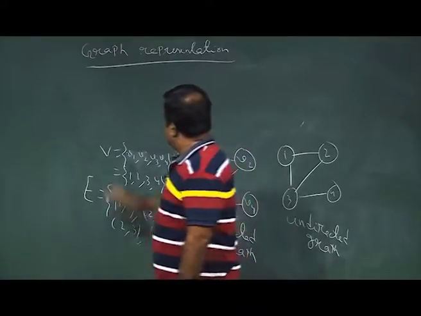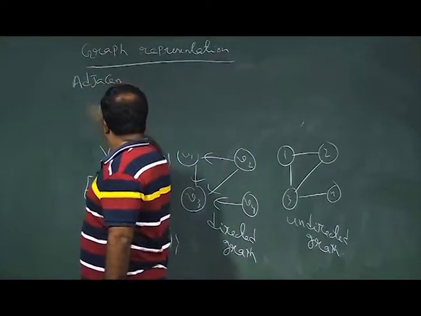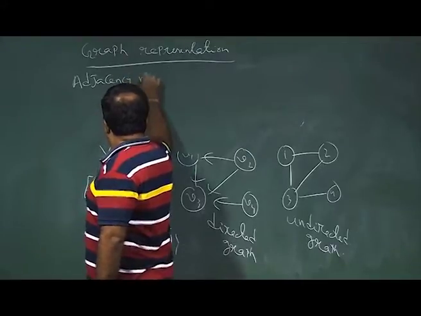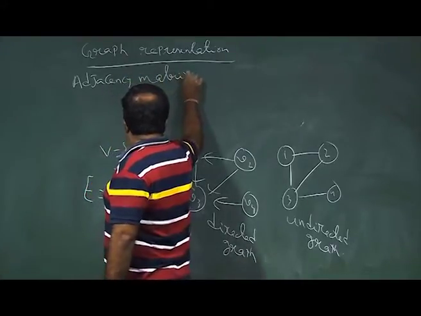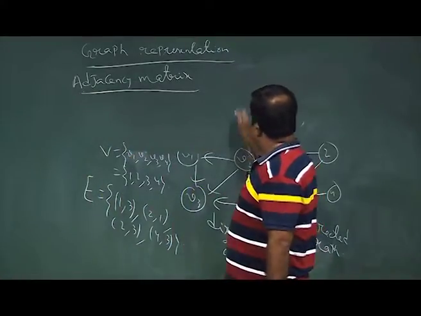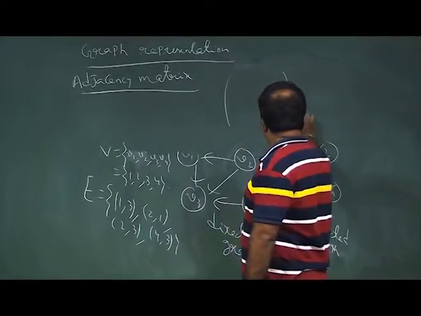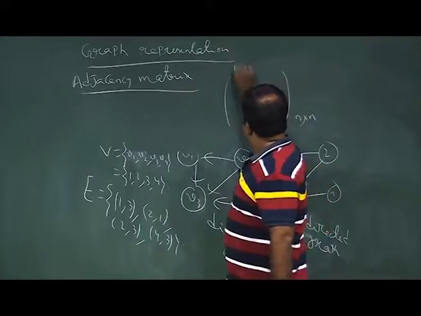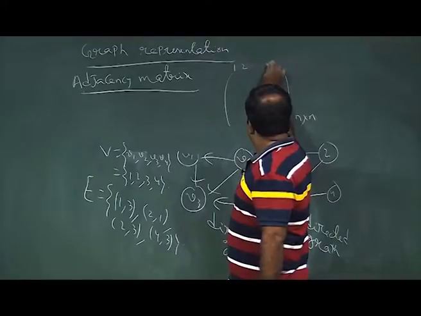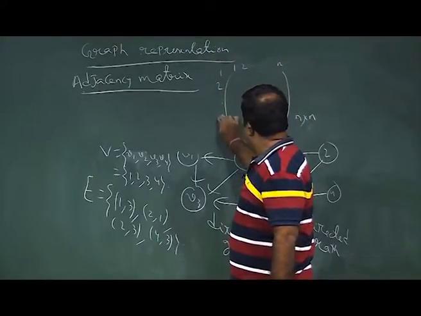So, the adjacency matrix. Suppose we have n vertices. This is a matrix of size n by n, with the vertices V1, V2, up to n.